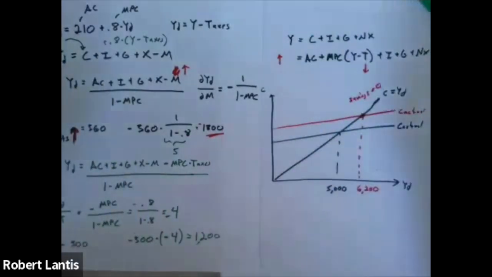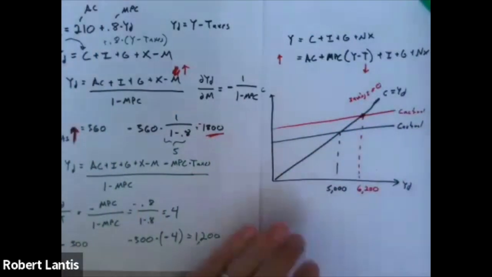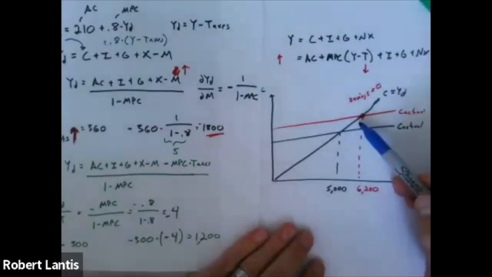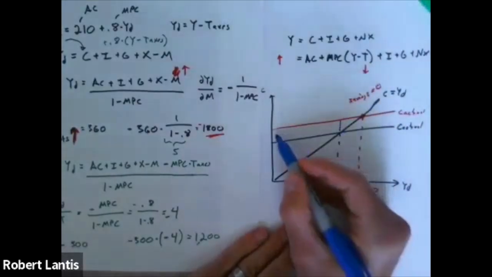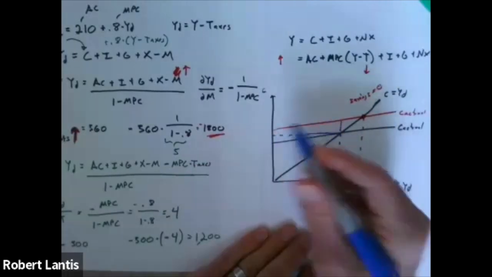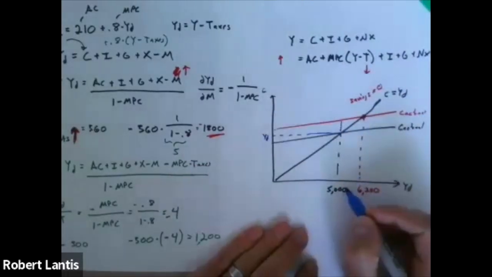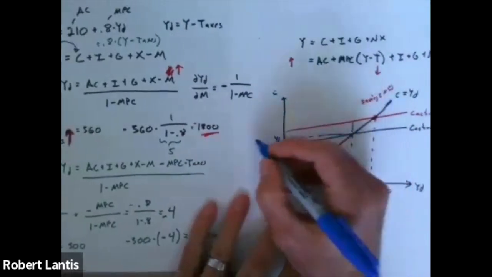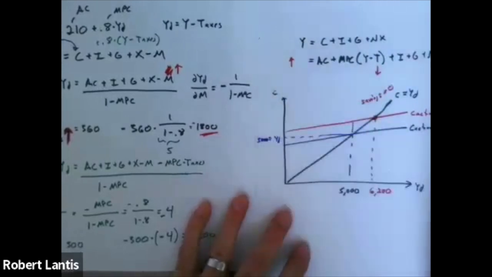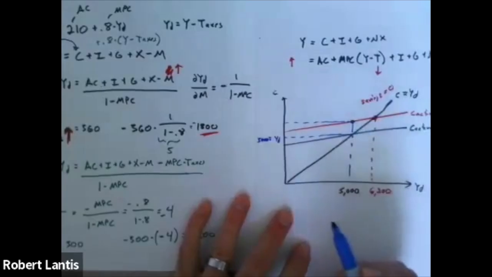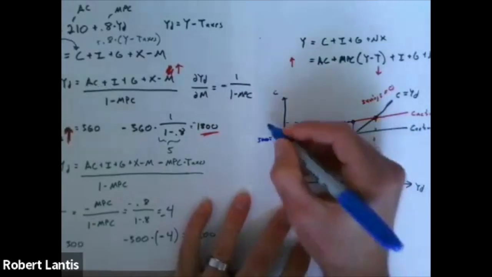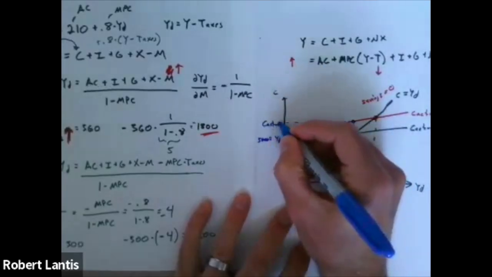So if I instead told you, okay, find the new break-even level with taxes, what's going to be true if, well, if I'm looking at that old break-even level, disposable income is still on that point where disposable income was equal to consumption. But now my actual consumption, after I'm factoring in this tax decrease here, is now going to be higher.